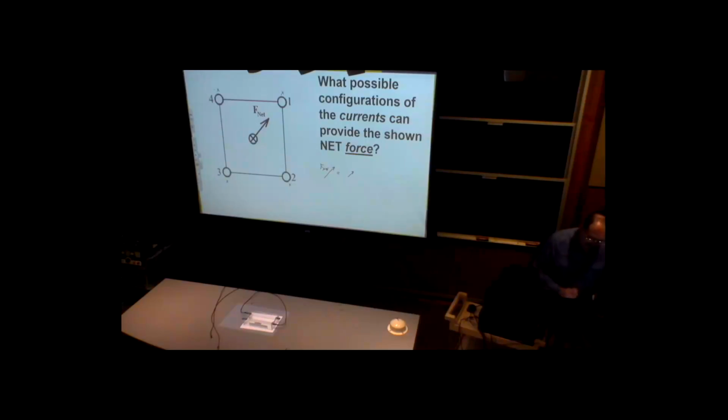This arrow might come from wire number 1 or wire number 3. Doesn't matter, because another wire also should provide the same force, and otherwise they would cancel each other. But the forces due to wires 2 and 4 should cancel each other.